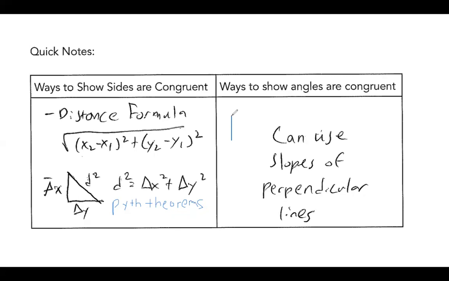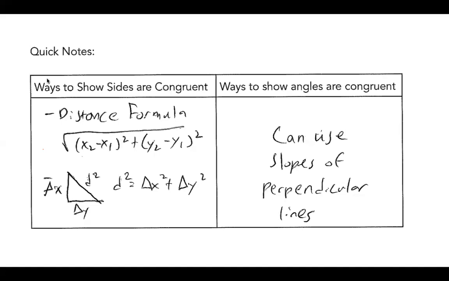For instance, if I'm going up 2 over 1, having a positive slope like that, and then for the other one, instead of going up, I'm going to go down, using a different color for that, down 1 over 2. We can see that the red line and blue line make 90-degree angles. So you could use your slopes of perpendicular lines to show that certain angles are right angles or congruent to one another.